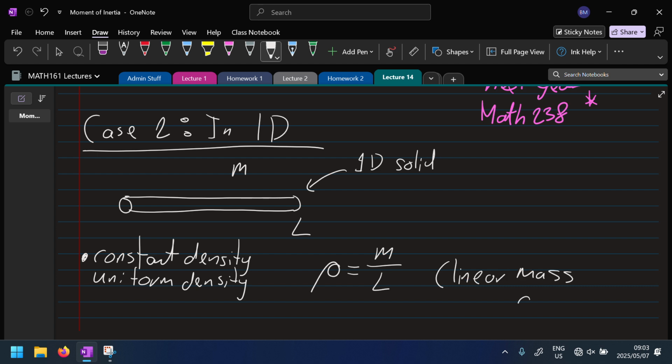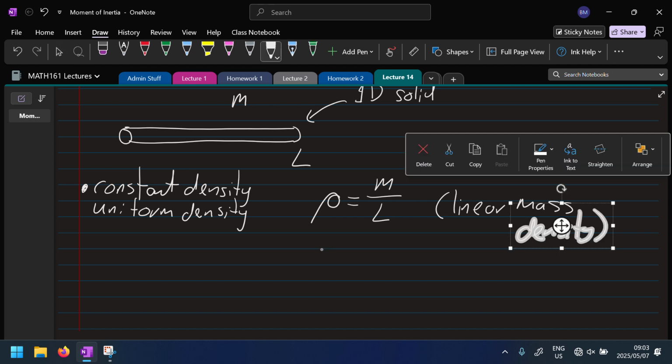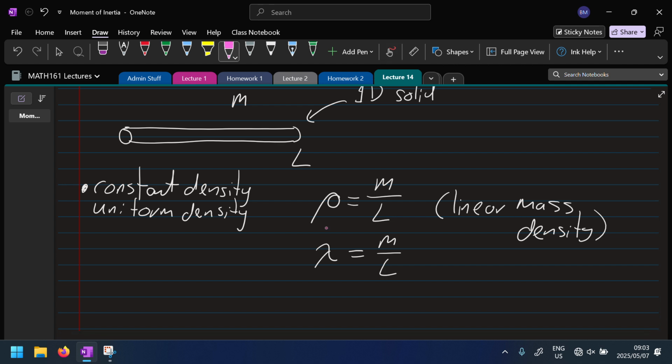Linear mass density. Sometimes this is given a different name. In 3D, we use rho. In 1D, you might see this as lambda. So just put a little star there. You might see different notations. You could use rho for all of it, 1D, 2D, and 3D, and that's perfectly fine.